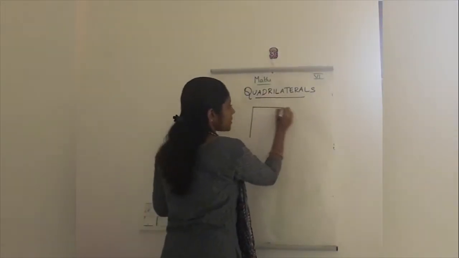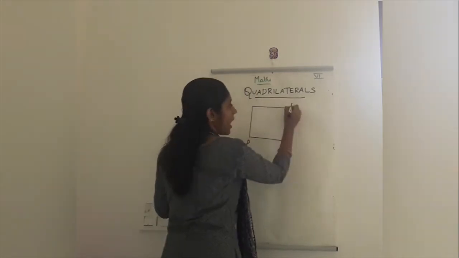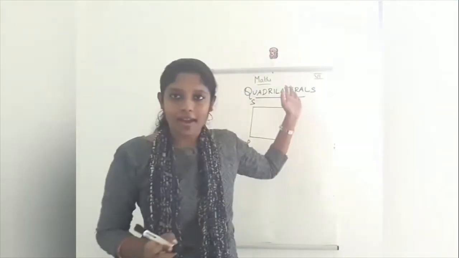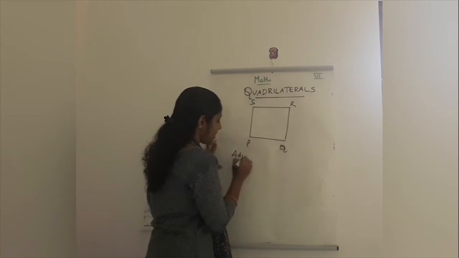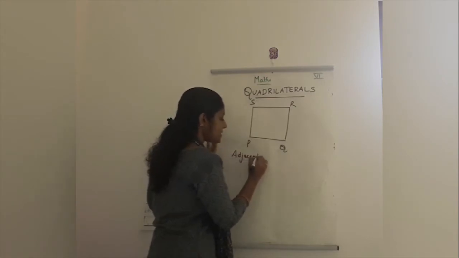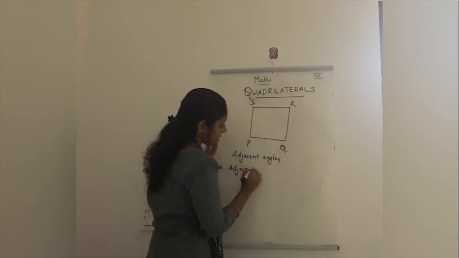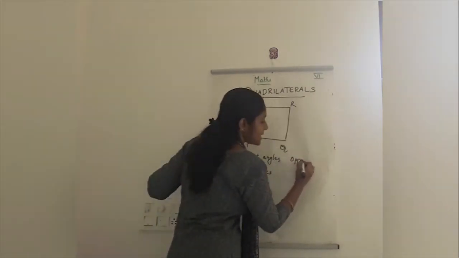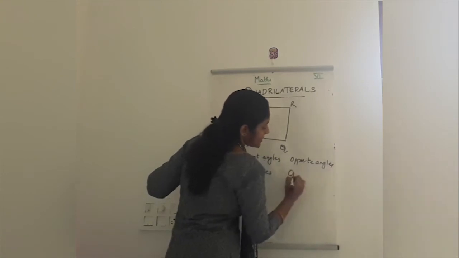I am going to name it PQRS instead of ABCD. So the terms to learn are adjacent angles, adjacent sides, then opposite angles and opposite sides.